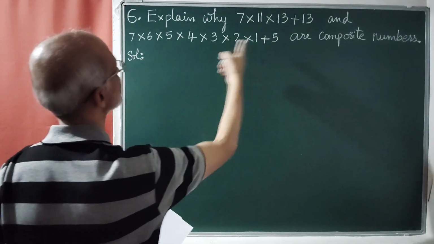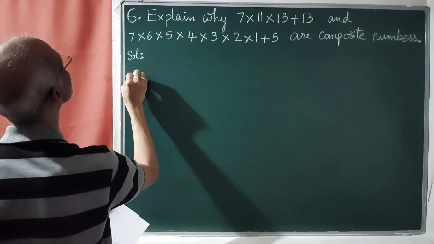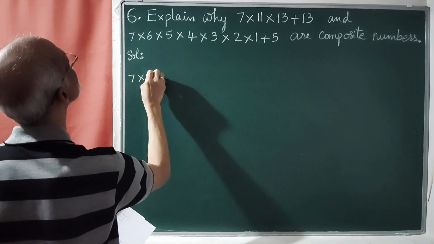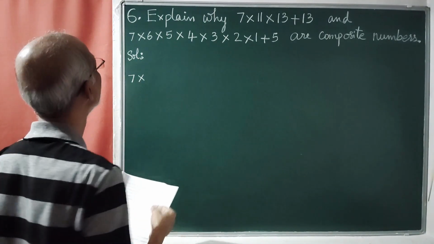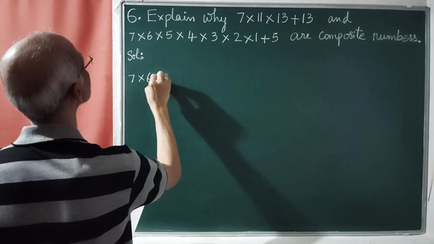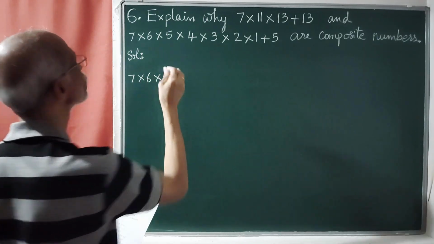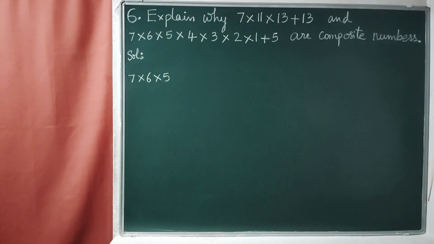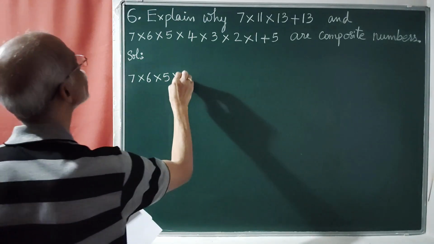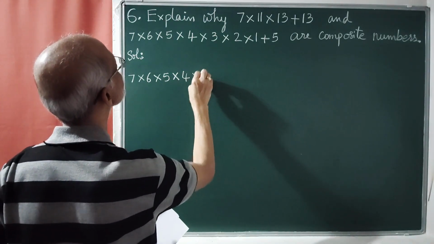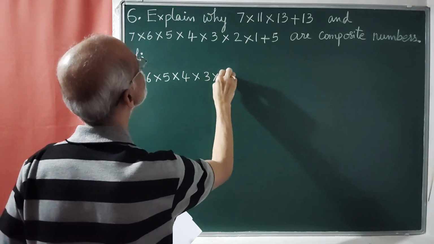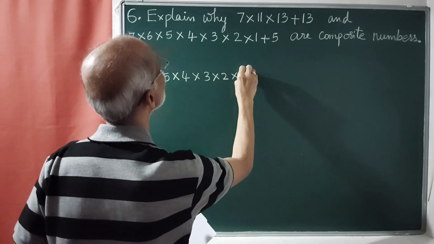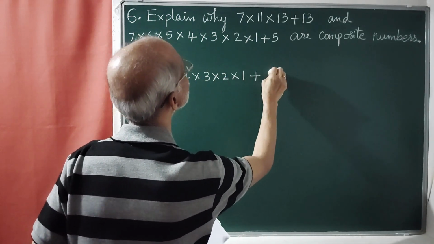We'll take the second one. 7 into 6 into 5 into 4 into 3 into 2 into 1 plus 5.